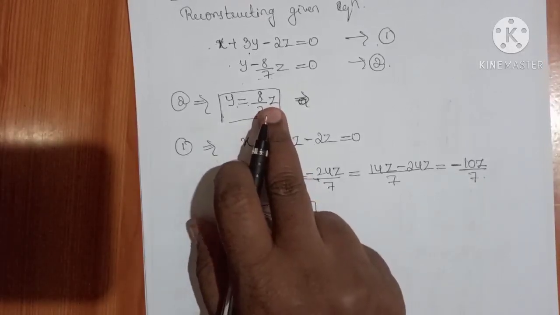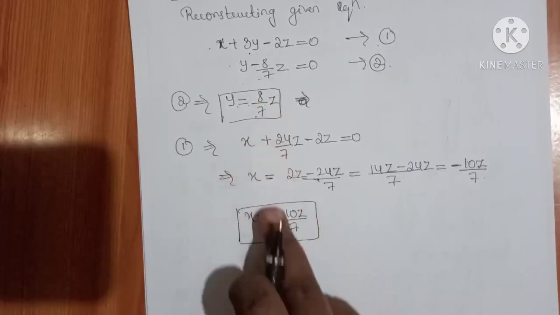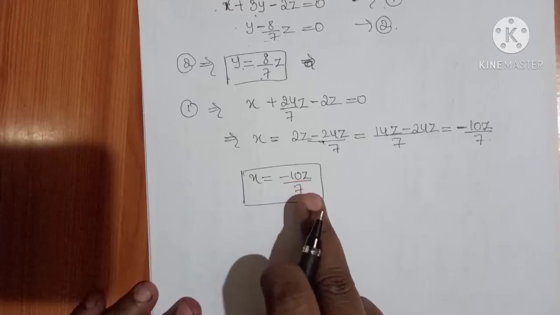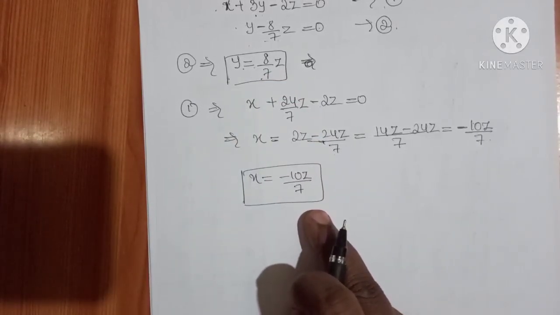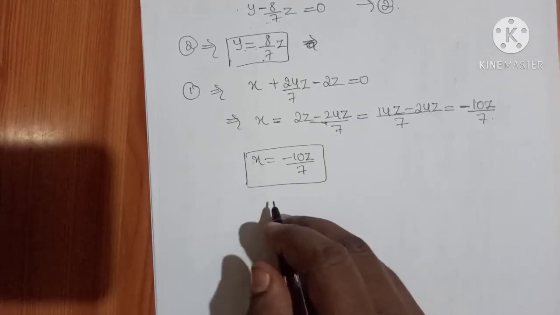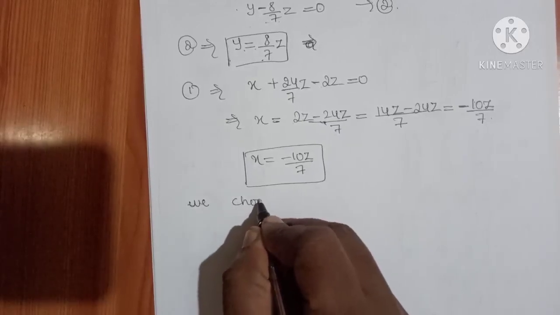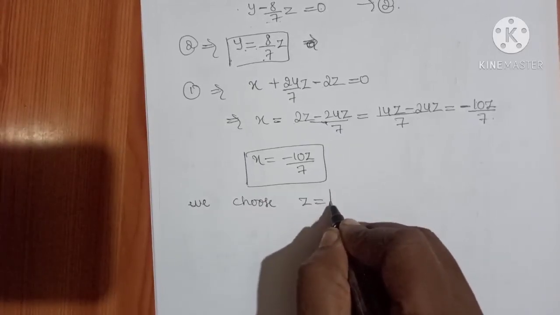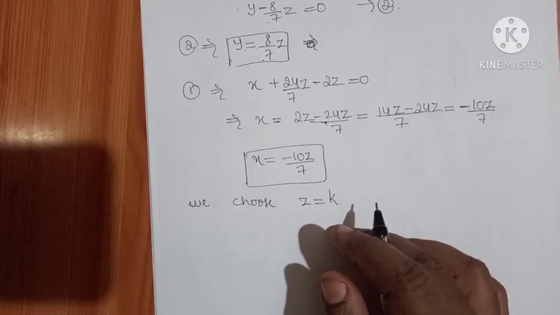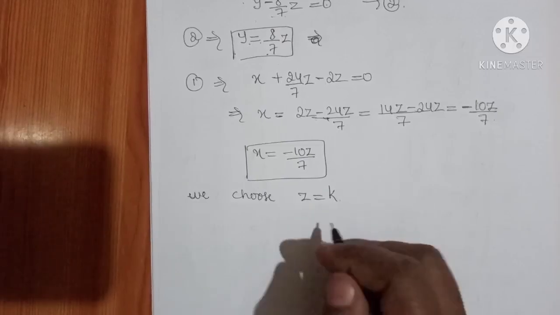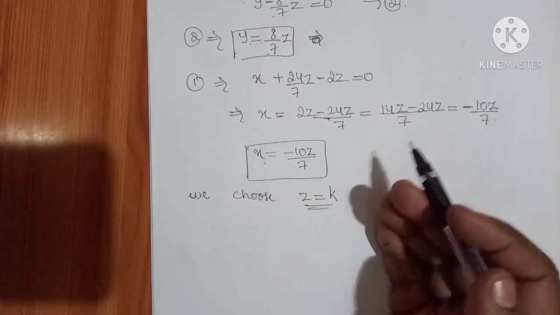You can observe that here we got y in terms of z and even x in terms of z. Therefore, we choose z to be any arbitrary element, so we choose z equals k. You can choose k1, k2, k3, a1, a2, any arbitrary element, in order to get the solution in terms of another element.